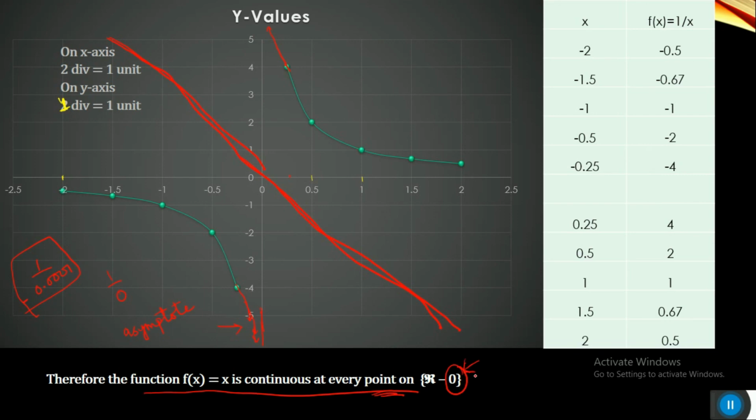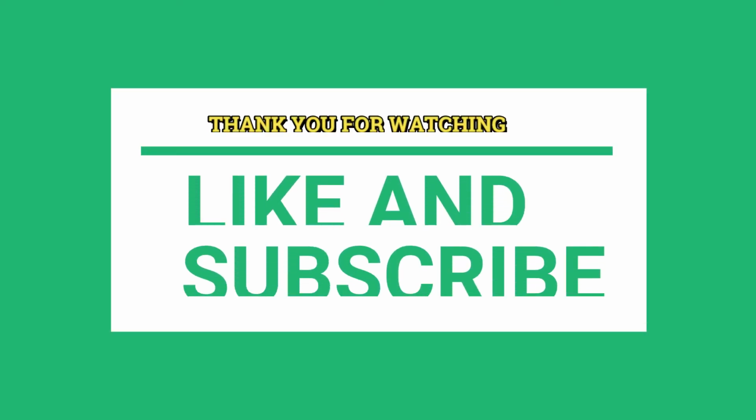If we remove the value where our function is not defined, we can make our function continuous. Clear? So whenever there is a value in the domain of your function at which the function becomes not defined, you will remove it from the domain to make the function continuous. Okay, so this is a rational function.